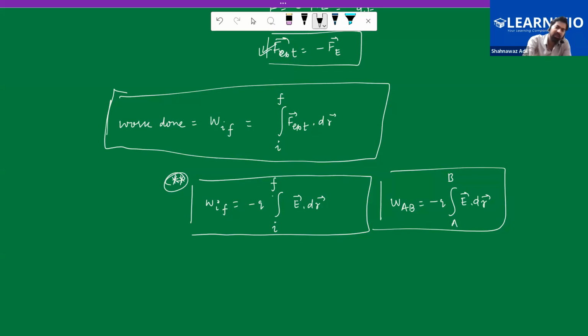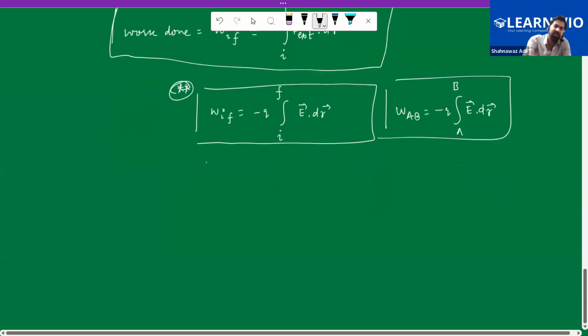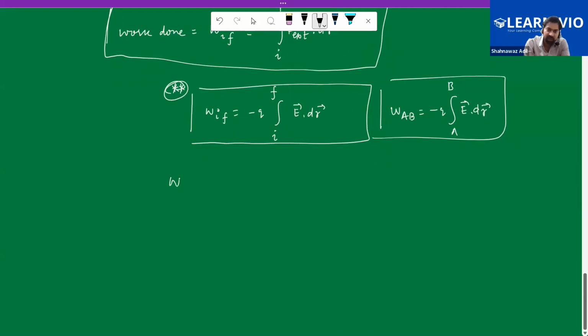So the work done can be of different types, and it is dependent upon this electric field. So we can have two kinds of electric field. One would be that the electric field is uniform. The other would be that the electric field is variable.